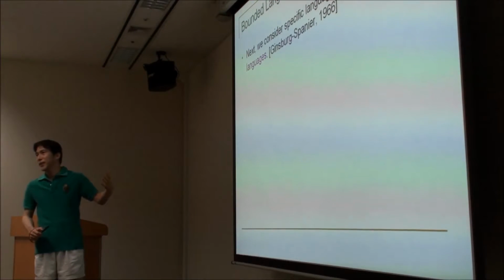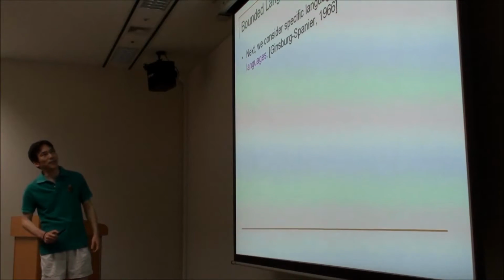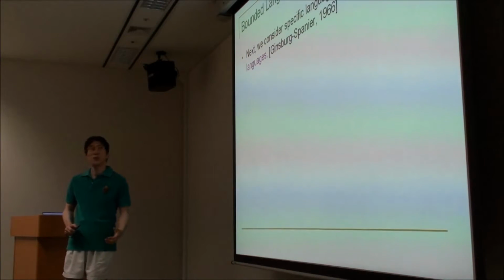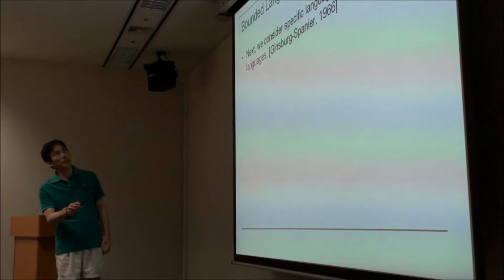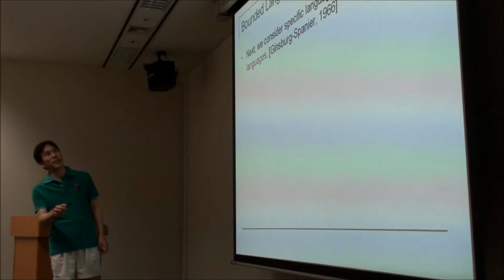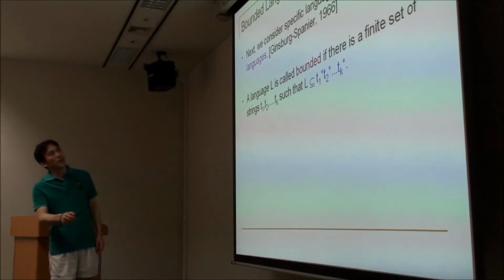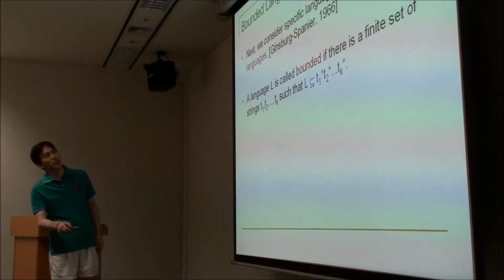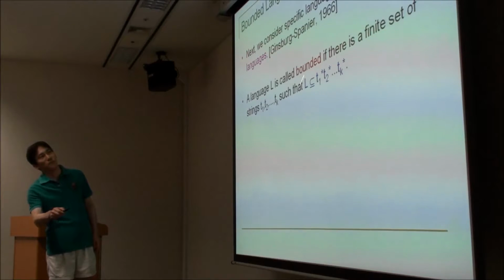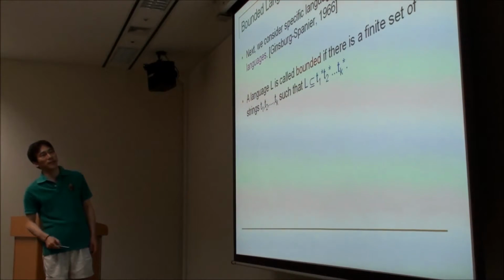So we move on to a different kind of language called bounded languages. This notion was introduced by Ginsburg and Spanier in 1966, so it's an old notion. The language is called bounded if L has this form, where T1 up to Tk are finite sets of strings.